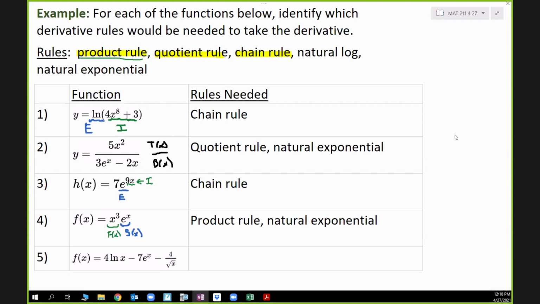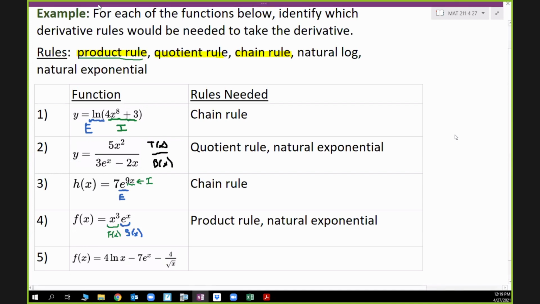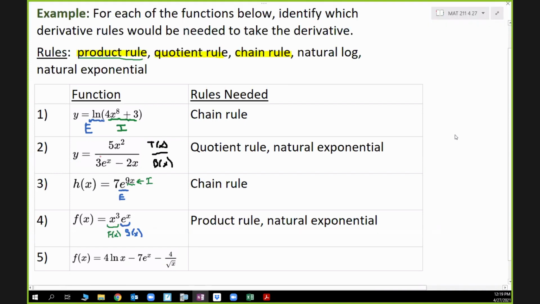I think sometimes people see e and think it's automatically going to be a chain rule problem, but it's only a chain rule if there's another function happening up there in the exponent. So these other e's, for example, this e in number 2, that's just e to the x. There's nothing else going on in that exponent, so we would not need a chain rule there. Same for the e down here and here. None of those are chain rules because they only have an x in their exponent.